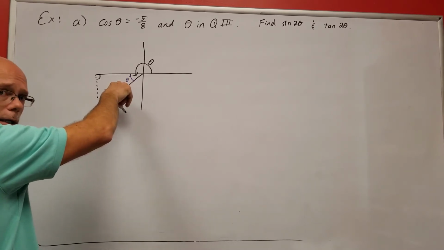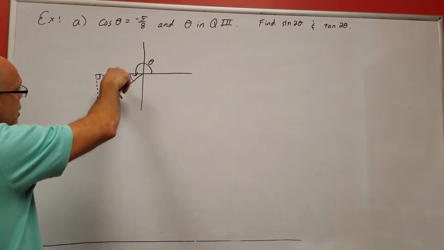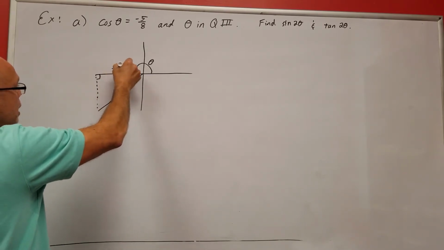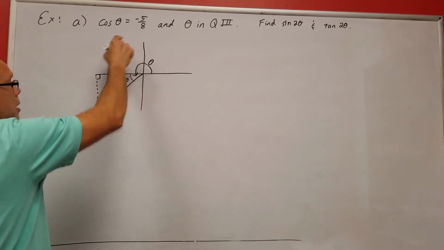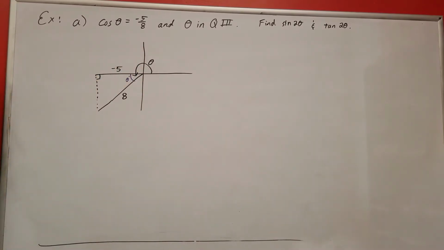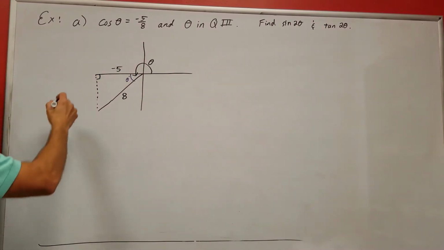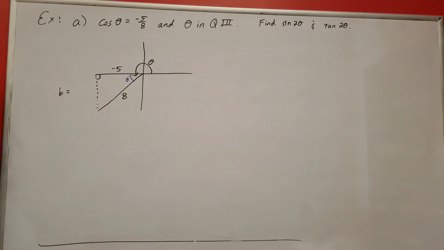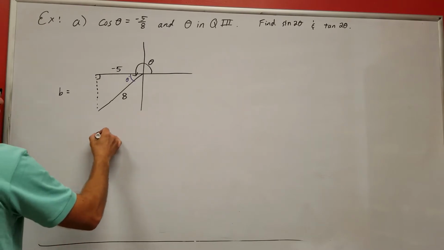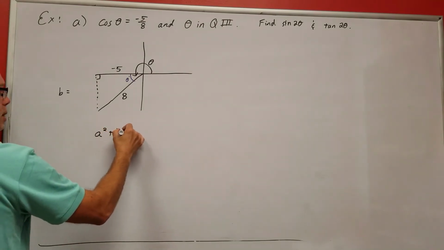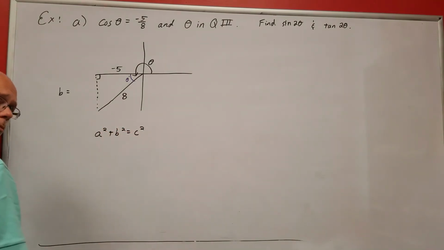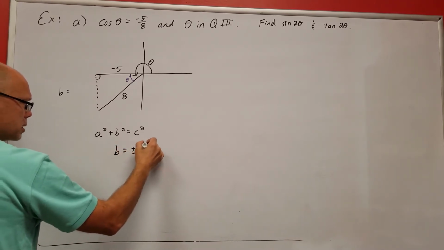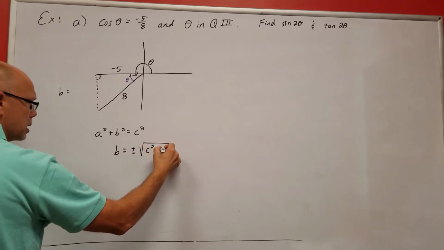Well, what's the cosine of this thing? Isn't it adjacent over hypotenuse? So that'll be -5/8 for the cosine to be -5/8. Now what I need to find is the length of this side of my triangle, b. According to our Pythagorean theorem, a squared plus b squared is equal to c squared, and if we solve for b, we get b is equal to plus or minus the square root of c squared minus a squared.